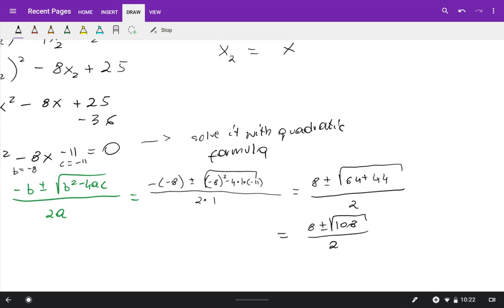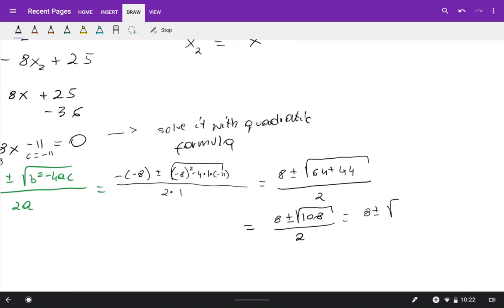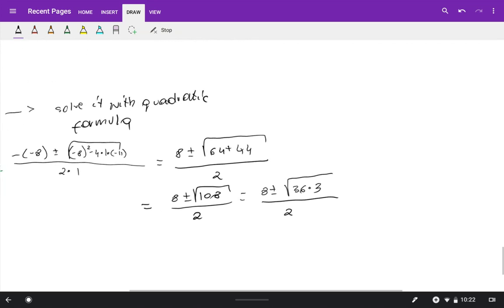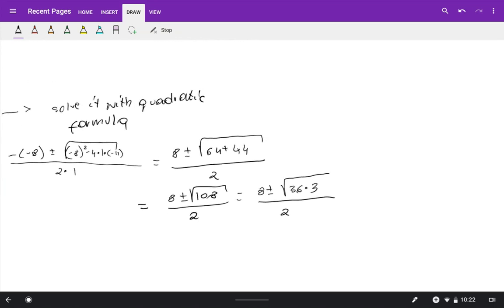108 divided by 3, we're getting 36. Okay, so we're going to break this down as 8 plus minus the square root of 108, which is the same as 36 times 3. So we need to simplify that radical of 108. Okay, so again, let me show work here.